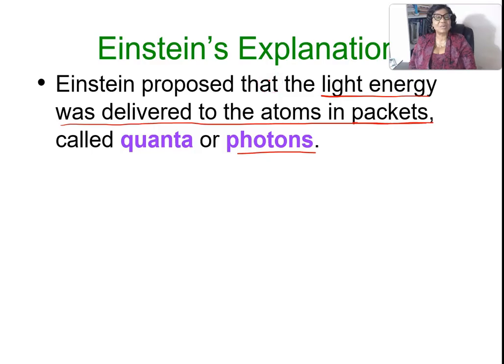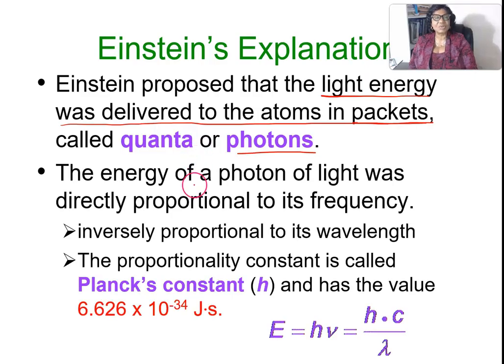So that is how the light was emitted. That is why it depends only on the energy of the light. So the energy of a photon of light is directly proportional to its frequency and inversely proportional to its wavelength.